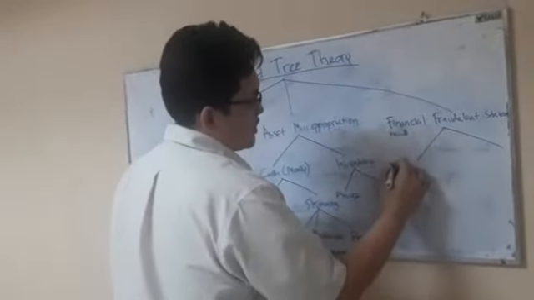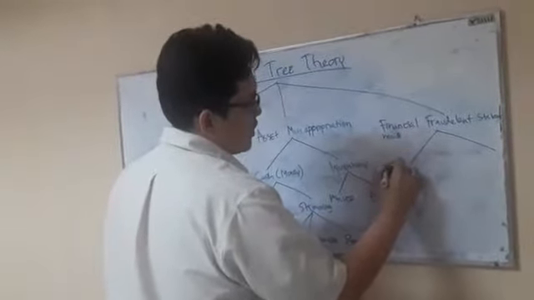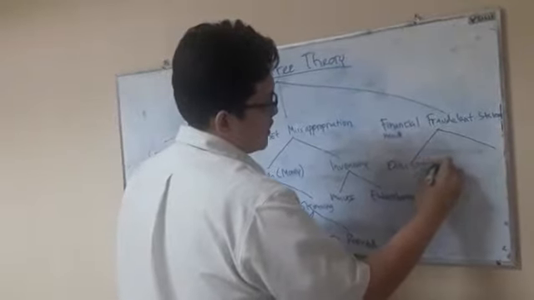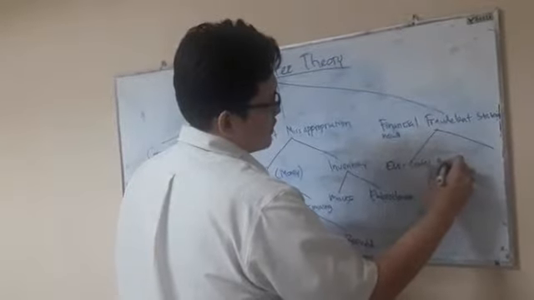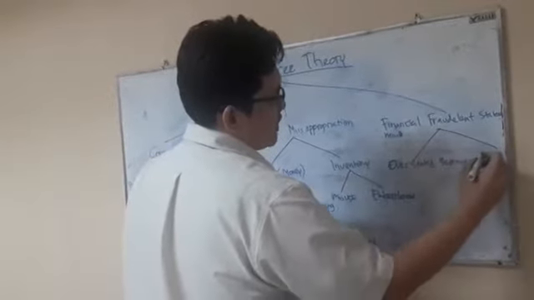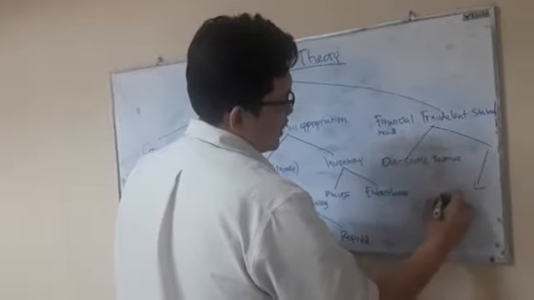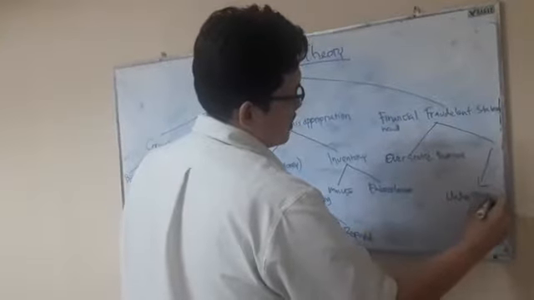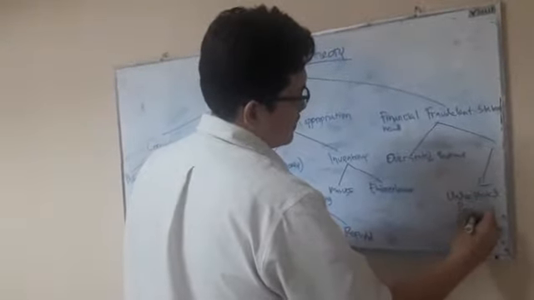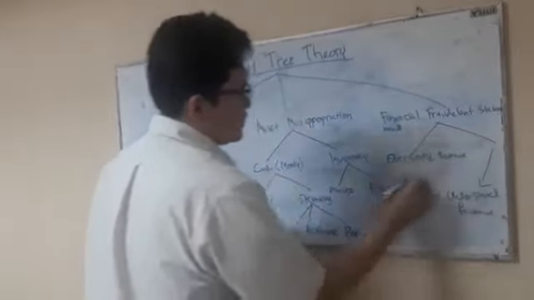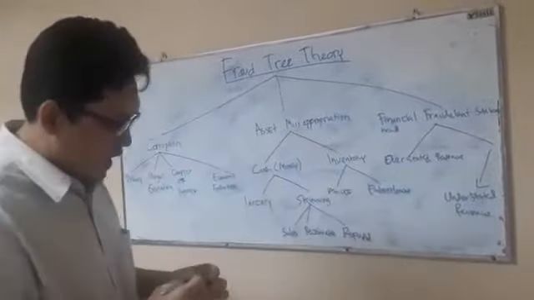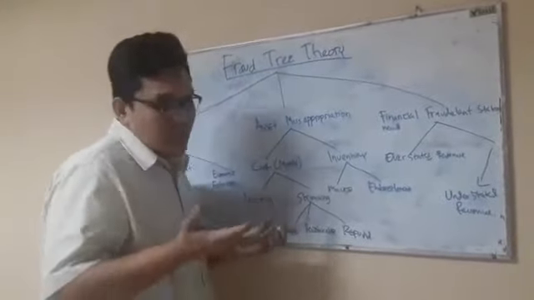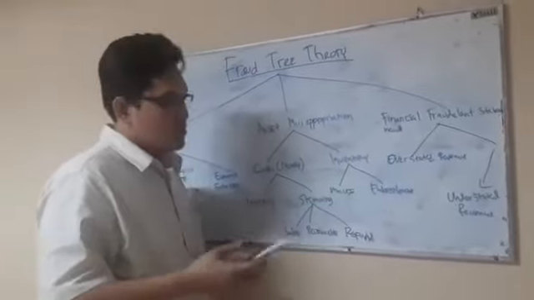Number one is overstated revenue, and number two is understated revenue. The two kinds of fraud action have similar factors, but there are also differences.